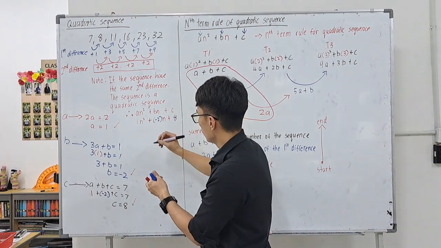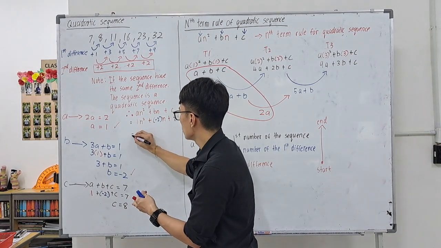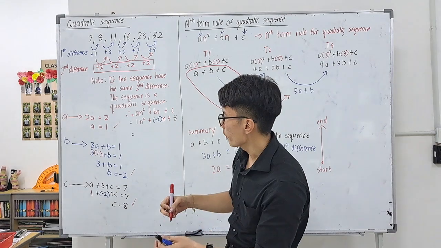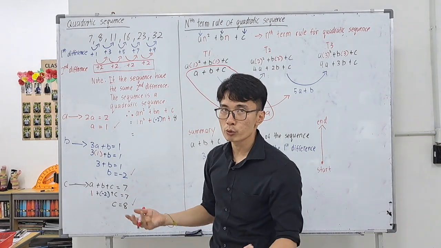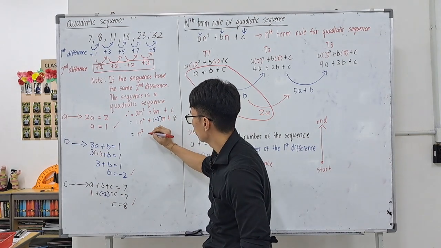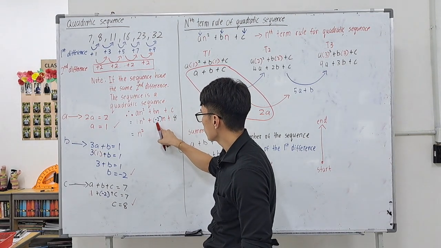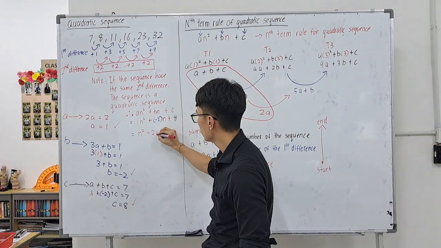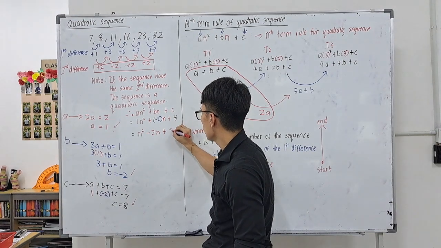Okay? So what I'm going to do next is expand this, to make it become the n-term rule of a quadratic expression. So my final answer should be n squared, and over here, plus negative, that will be minus 2n, and then plus 8.